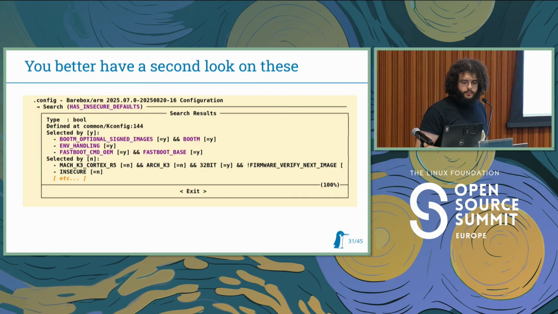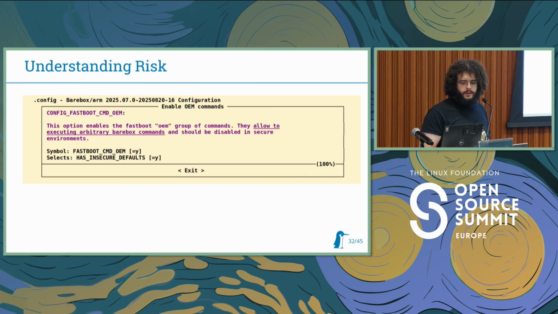And such options now have a HAS_INSECURE_DEFAULTS Kconfig option, which is selected. So you can open menuconfig, look for has insecure defaults, and then start writing down your thoughts on why it's okay for you to keep these enabled. It can be okay, but someone needs to look at them, and that's one way to make people look at it. And I went through all options that I marked with has insecure defaults and wrote some help text explaining why this can be a security issue.